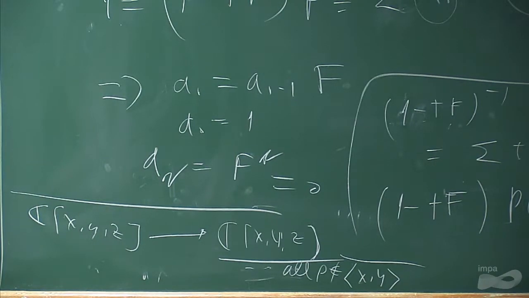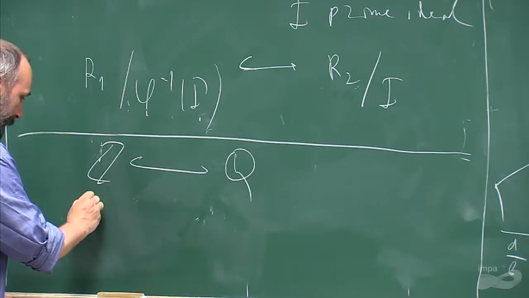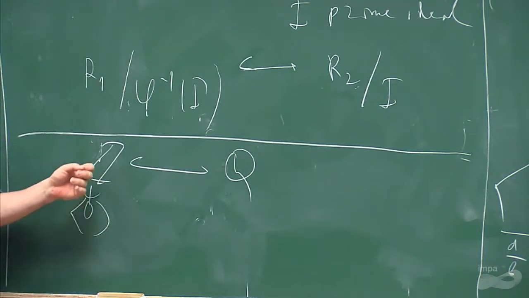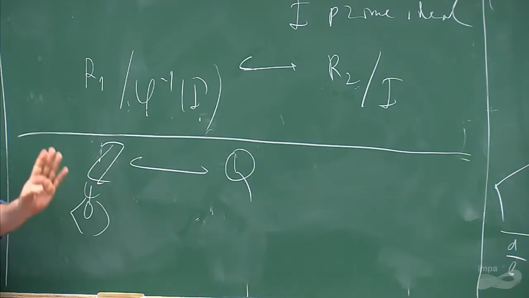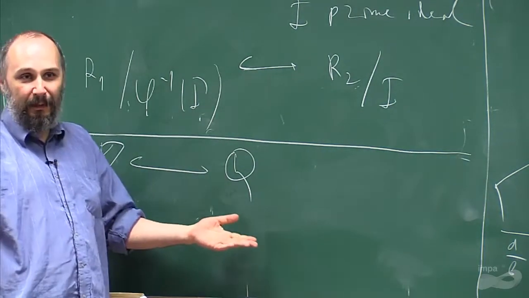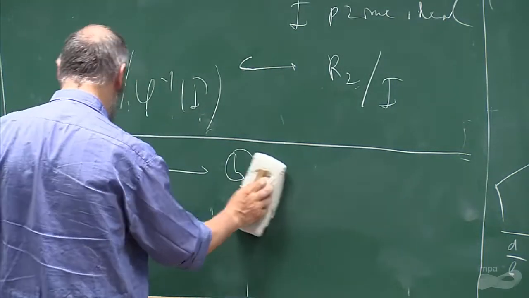There are no other ideals in Q, right? I mean, it's a field. And the preimage of 0 is the 0 ideal in Z. The quotient by the 0 ideal is Z. It's not a field. It's a prime ideal, but not a maximal ideal. And here it is maximal because there's just one ideal. Thank you very much. It was a good example.